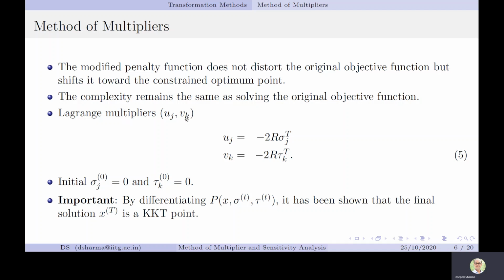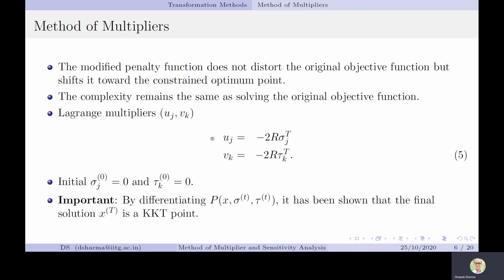Since in this particular formulation we are using sigma and tau, as you can see in equation number 5, we can find the Lagrangian multiplier u j is equal to minus 2 times R sigma j capital T. Now what is capital T? Capital T is the optimum point which we get in the final iteration.